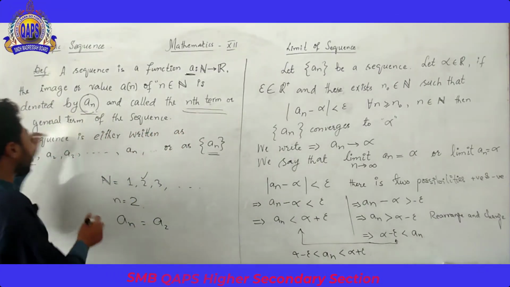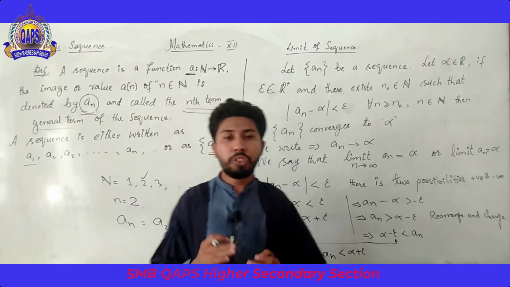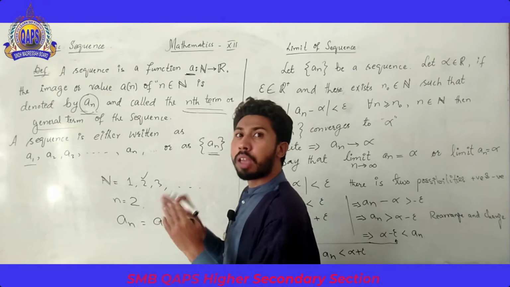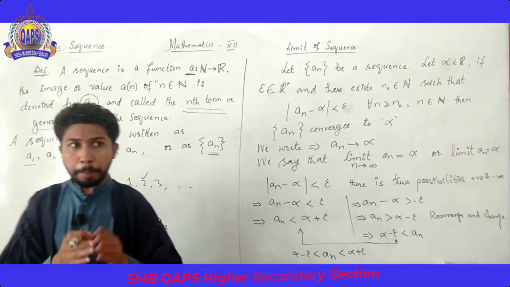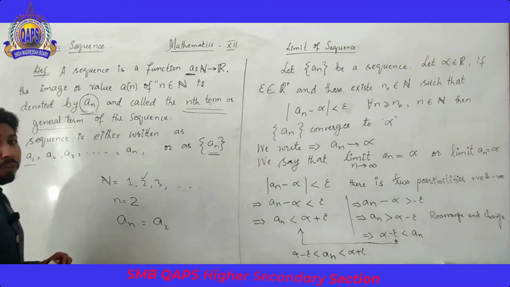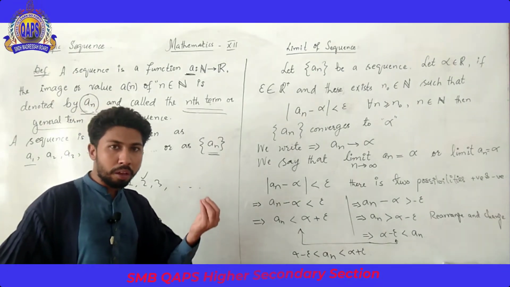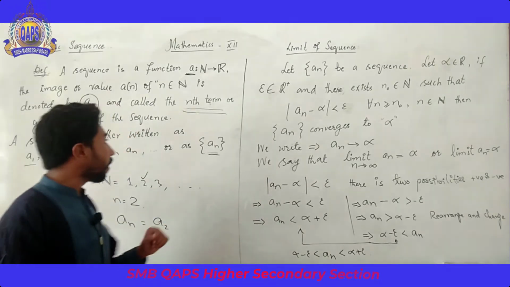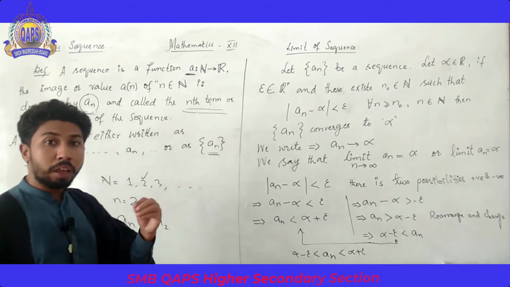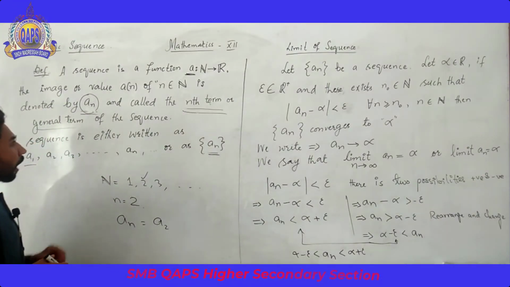Or in other words, it's a general term. Why is it the general term? From the starting point to the ending point, all the numbers, all the sequence, all the functions are represented in the general form. When we put the first point, it gives us that number, and if we put the last number, it represents that output or image. So that's why we say this is the general term of the sequence.